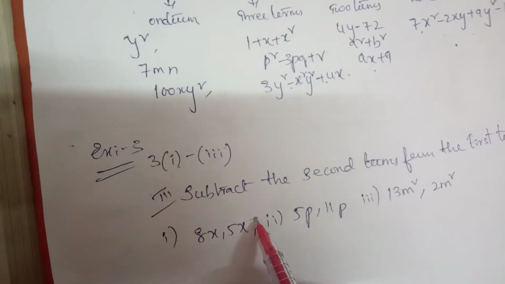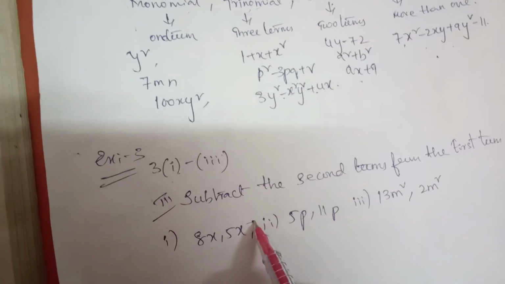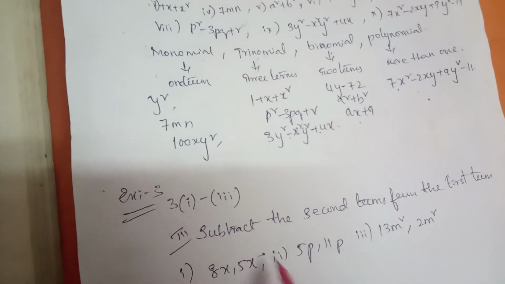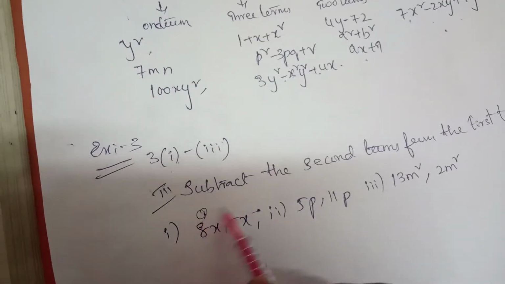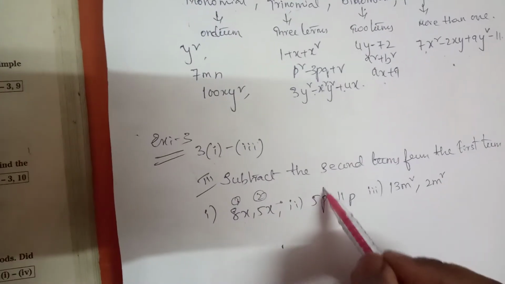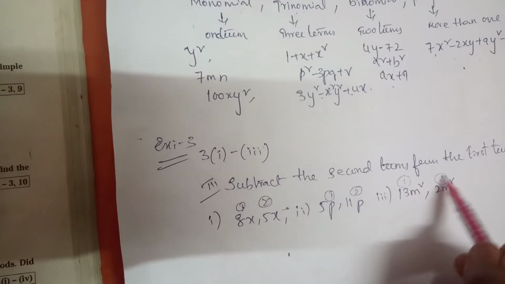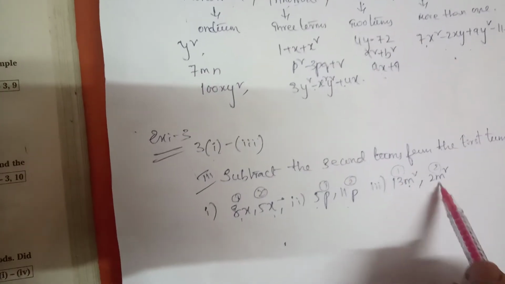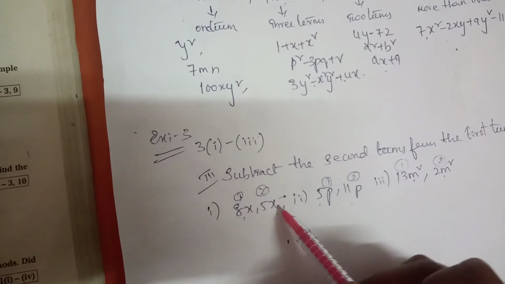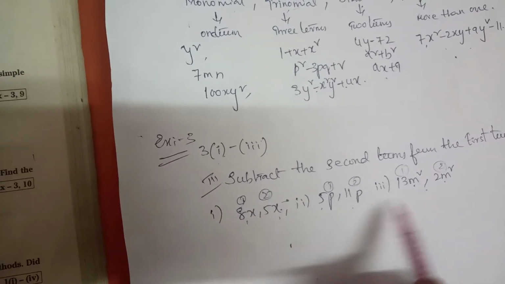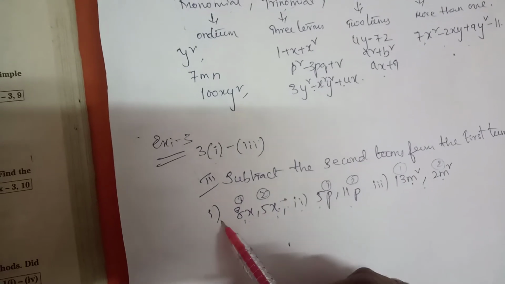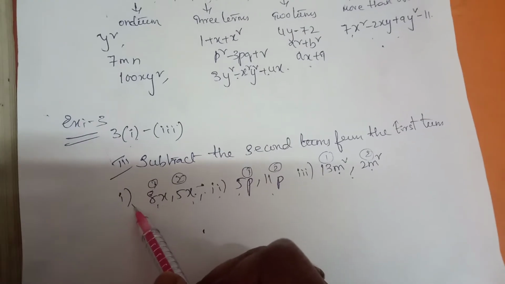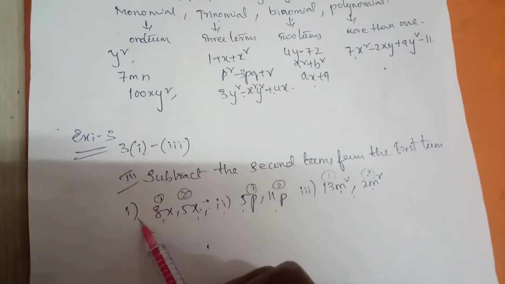From these terms, we are going to subtract the second term from the first term. Here, can you see? This is the first term, this is the second term. So from each and every second term, we are going to subtract from the first term. You know subtract? We have to do the subtraction.